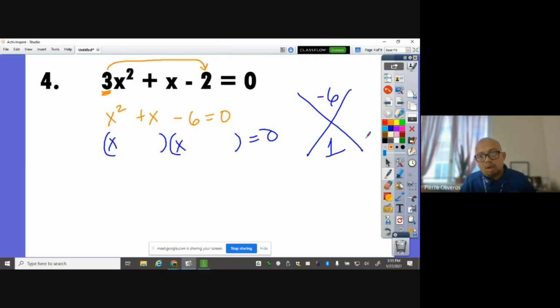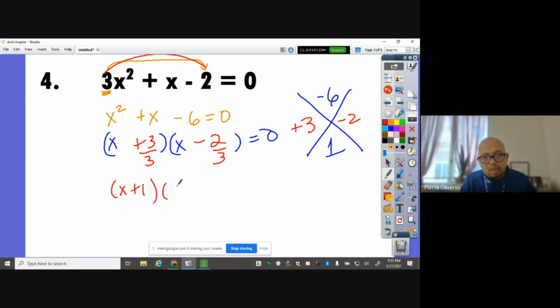When you add them, give you a 1. The answer is going to be 3 and 2. This will be positive and that's negative. So positive 3, negative 2. Since you multiplied the 3 to the 2, you're going to divide it by 3, divide by 3. So this will give you x plus 1, 3x minus 2, because you cannot simplify 2/3 anymore, equals 0.